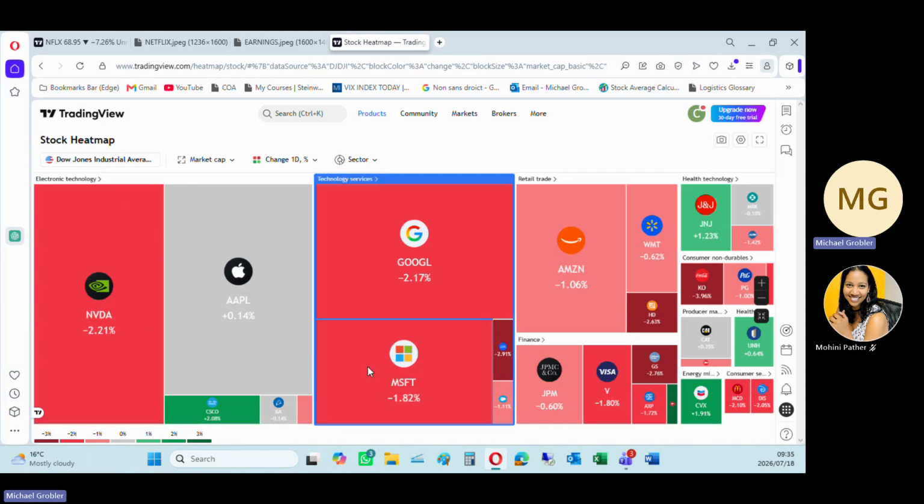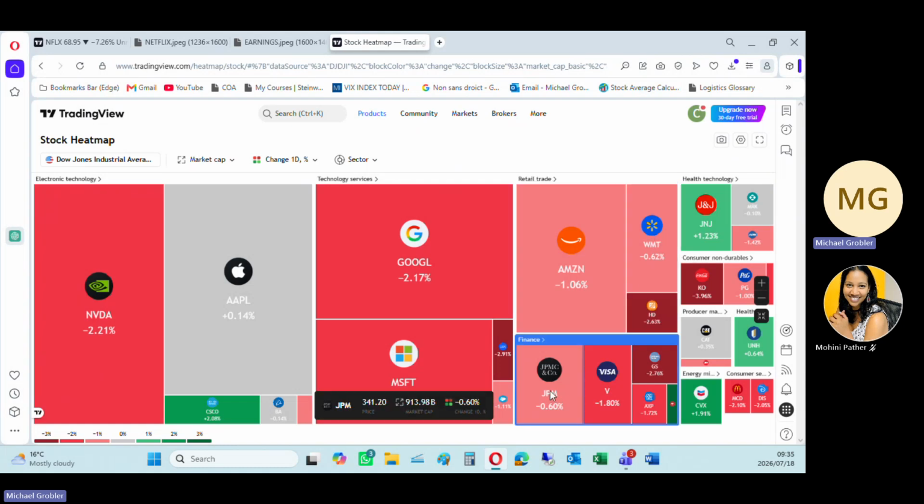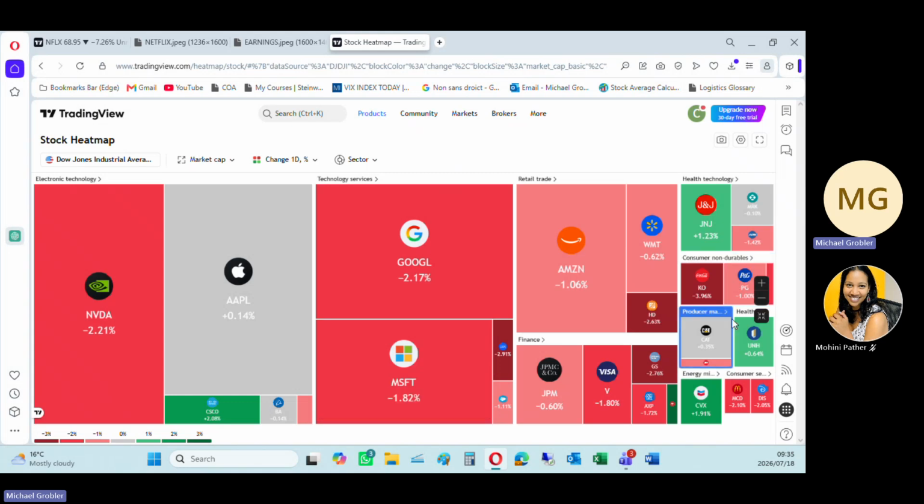And if America has the world's largest companies, then these must be the largest companies in the whole world, which they are. You then get other famous, massive companies: Walmart, JP Morgan, Visa, Johnson & Johnson, Coca-Cola, Procter & Gamble, United Health.